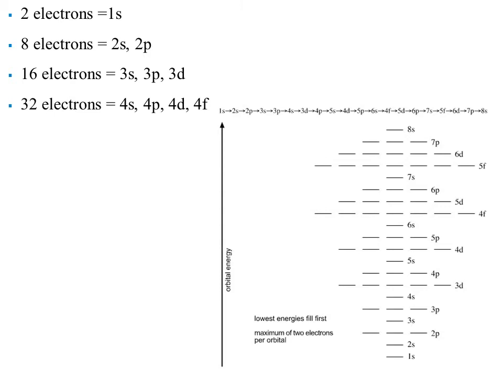So shell 1 holds up to 2 electrons. How we write it is we write it as 1s. Shell 1 has a spherical shape. So in the image to the far right on the bottom, you see 1s. You would put 2 dots right beside 1s.